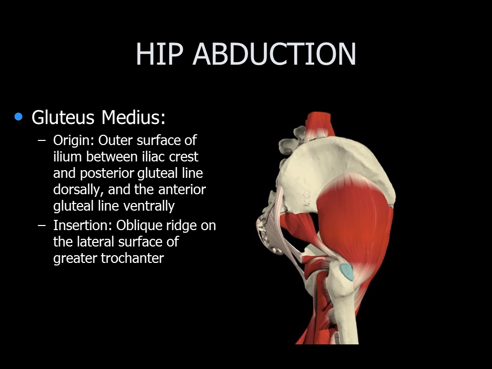And you can palpate this muscle on the side of your hip. You simply place your fingers on the greater trochanter of the femur bone and then raise your fingers superiorly, and that meat that you feel in that area, that is the gluteus medius muscle.